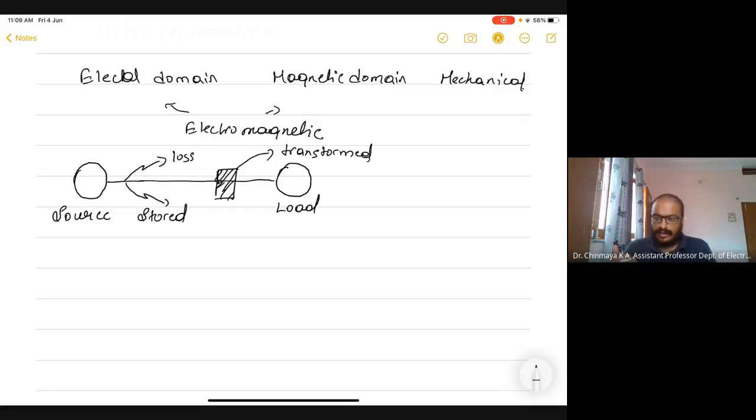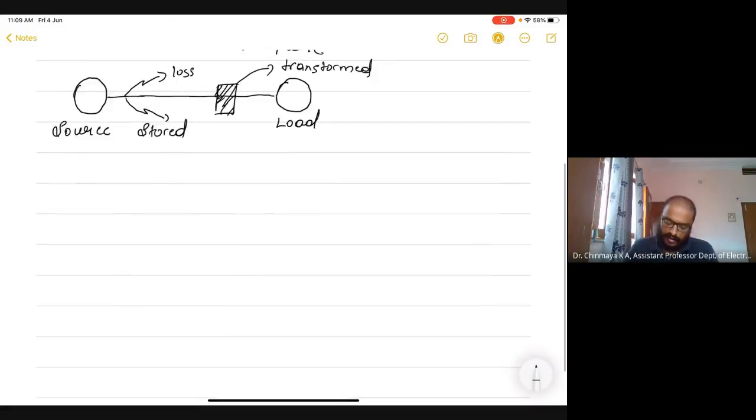In this case, we are considering the magnetic domain. We know that all the domains have kinetic and potential variables. In the electrical domain, the potential variable is voltage.